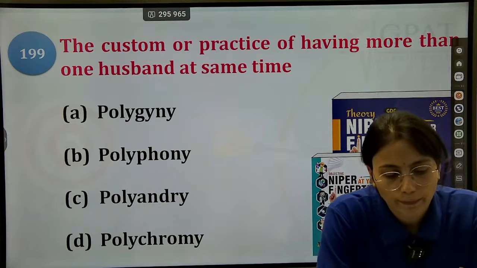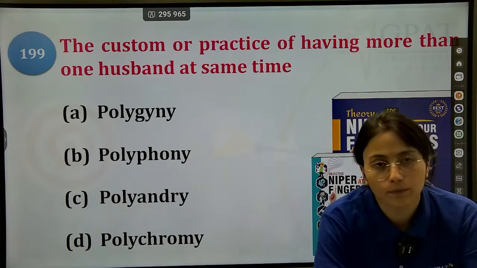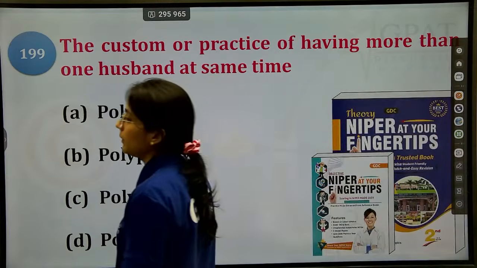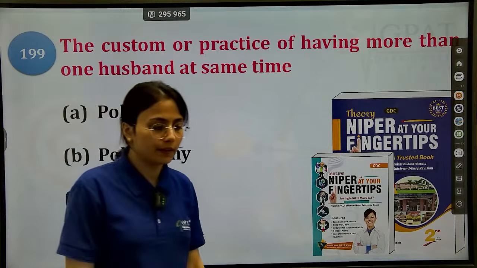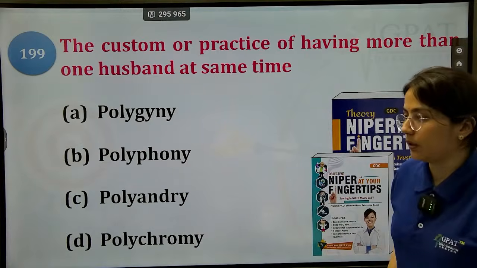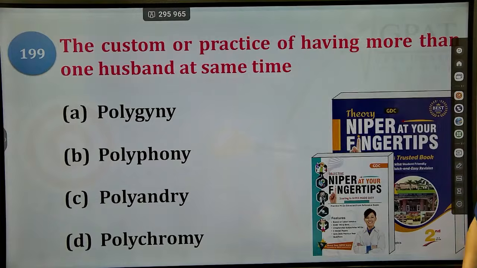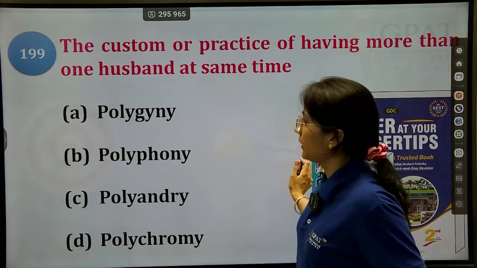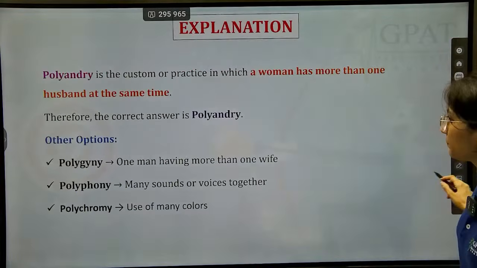So the answer is option C, that is polyandry. Polyandry is the correct answer.